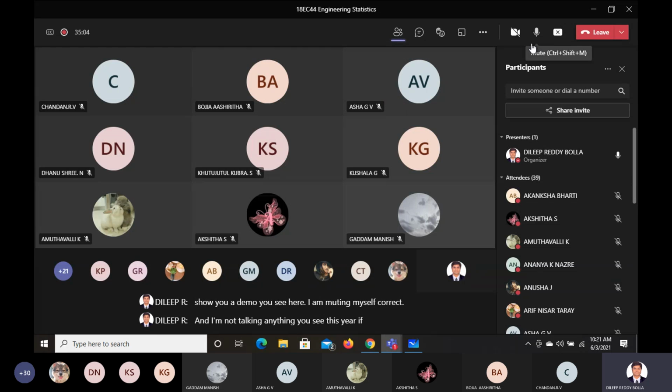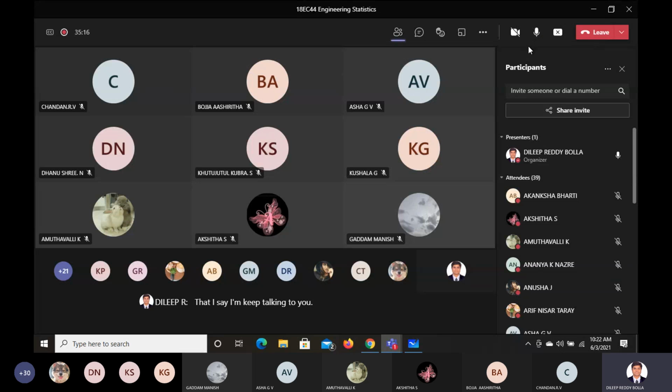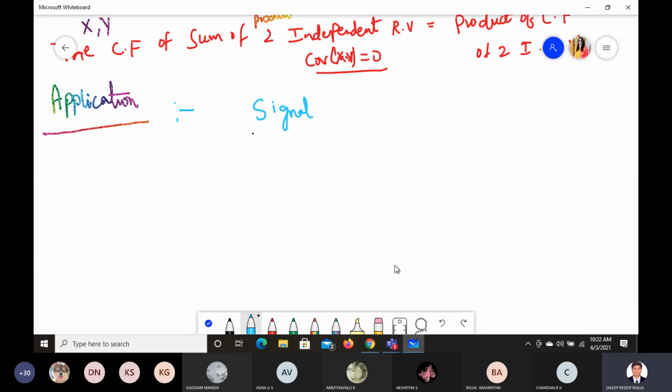If I talk now after muting, it will show you are muted. If I am not talking at all, it will show otherwise. Is it clear? So it has an inbuilt noise suppressor. That's one of the applications here.